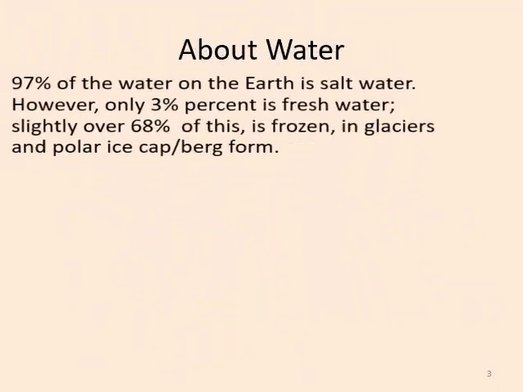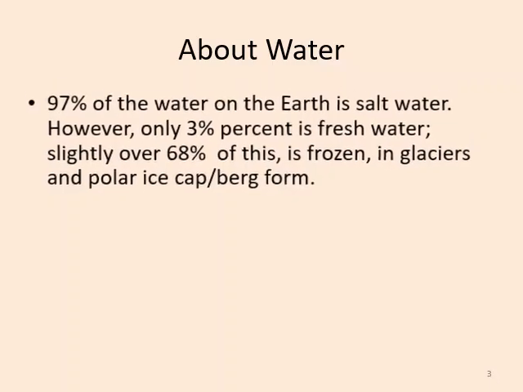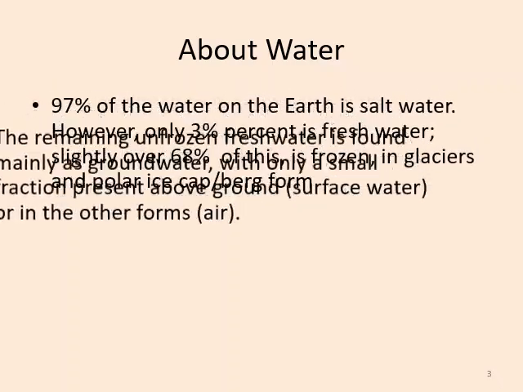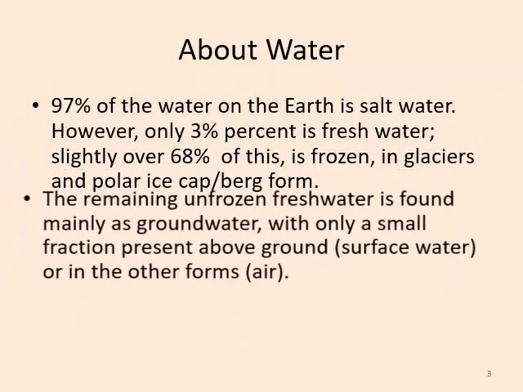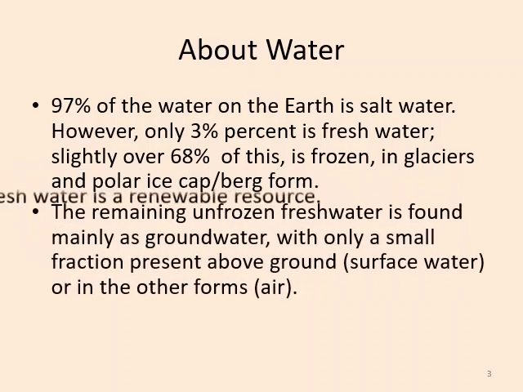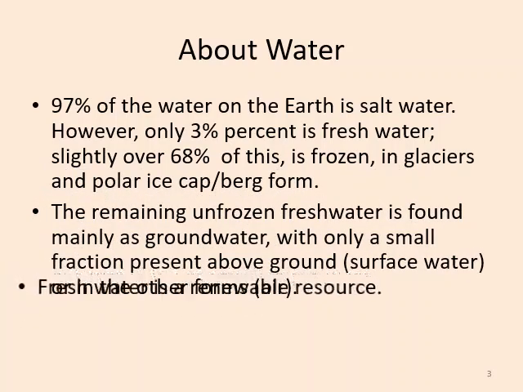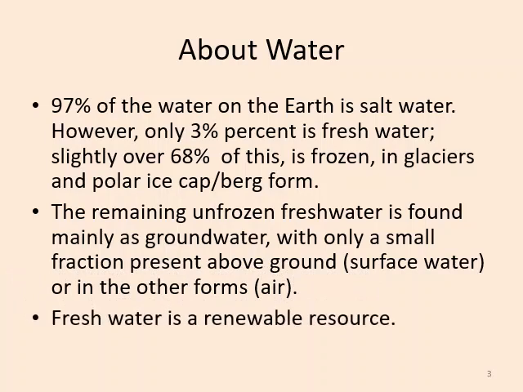So here is a brief introduction about water. Out of total water content on our Mother Earth, 97% of the water is salty water, saline water, and only 3% is fresh water. Over the fresh water, 68% is in frozen form like glacier or iceberg form.